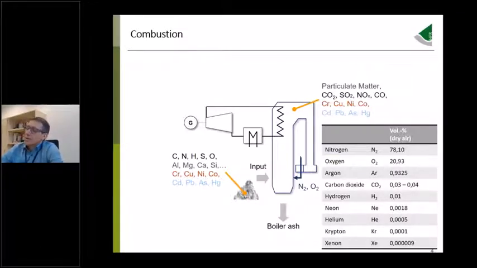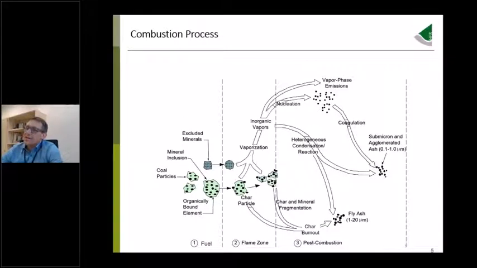So why do some elements end up in the boiler ash and some end up in the exhaust gas, as fly ash or particulate matter? This is related to the combustion process, which is always comparable for solid fuels. In zone 1 we have the fuel. This fuel contains included and excluded minerals, which are mainly the minor elements, the ash forming elements, and at some stage they come to the flame zone and get heated up.